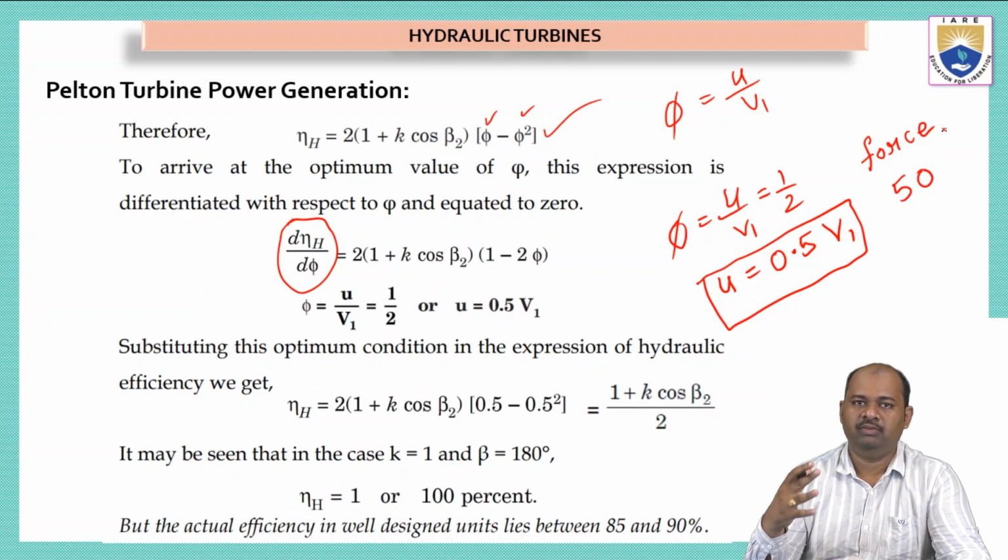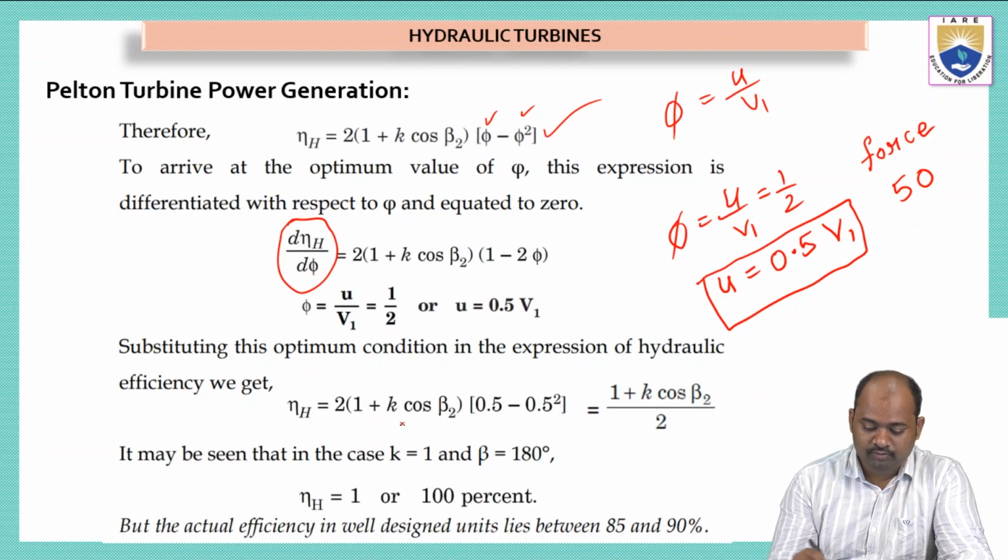Only 50% of the velocity coming out of the nozzle is converted into the movement of the bucket. u is the velocity of the bucket and v1 is the velocity of the water coming out of the nozzle. So we can simply understand from this formula that only 50% of the velocity of the jet is converted into the velocity of the bucket.